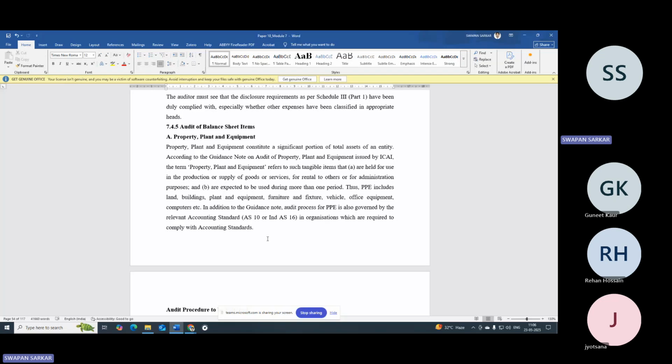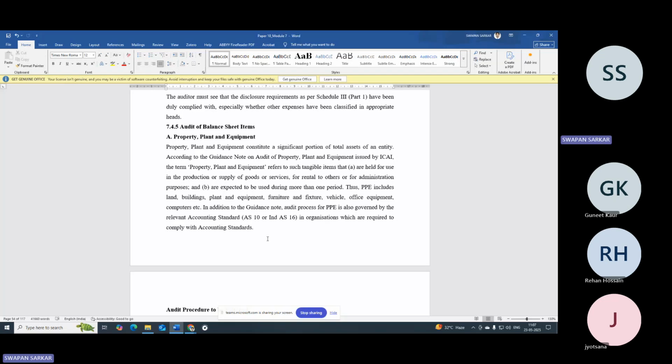Thus, PPE includes land, building, plant and machinery, or plant and equipment, whatever may be, then furniture, fixtures, office equipment, computers, etc. In addition to the guidance note, the audit procedure for PPE is also governed by the relevant accounting standards.